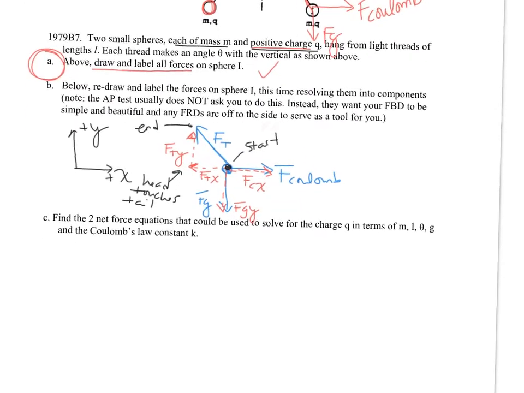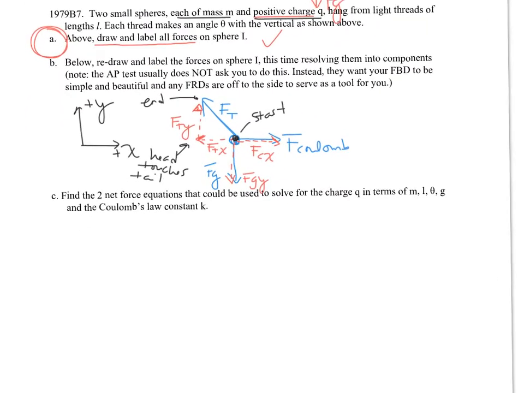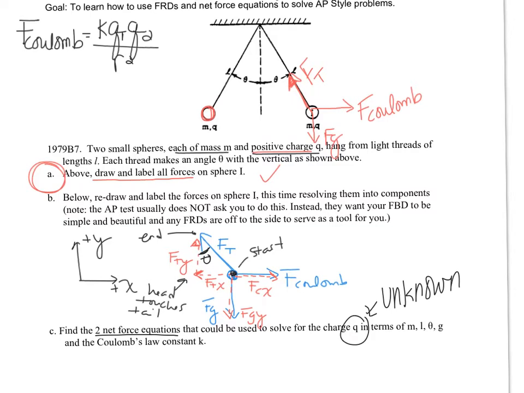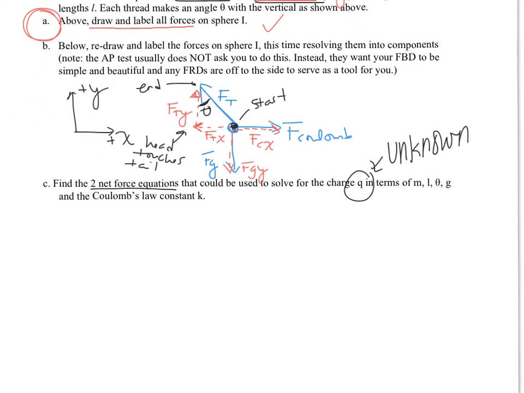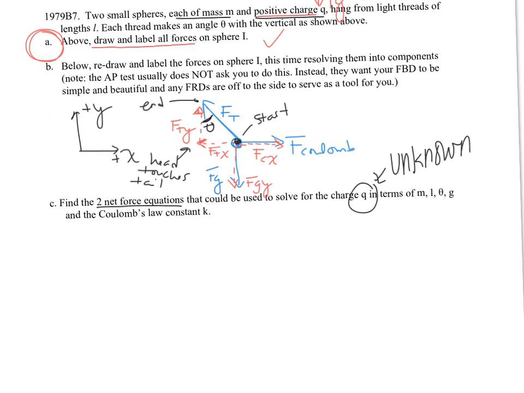And that problem says, find the two net force equations that could be used to solve for charge, Q, so this is my unknown, in terms of M, L, theta, and G. And theta, if we go back and look at the diagram again, is the same as what I've labeled in my force resolution diagram with theta in black. So these, and K, are our knowns.